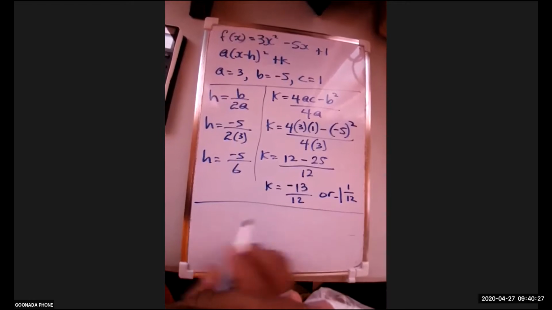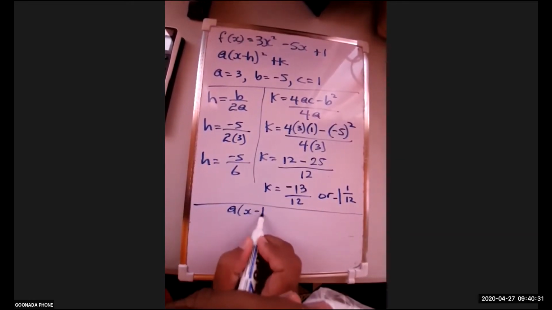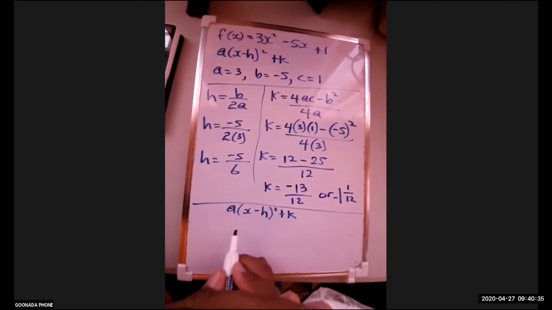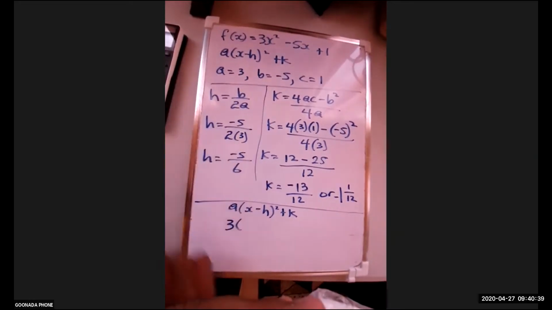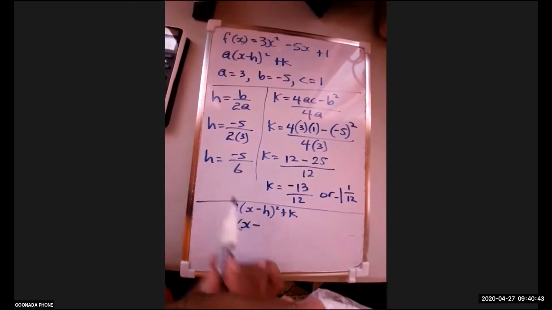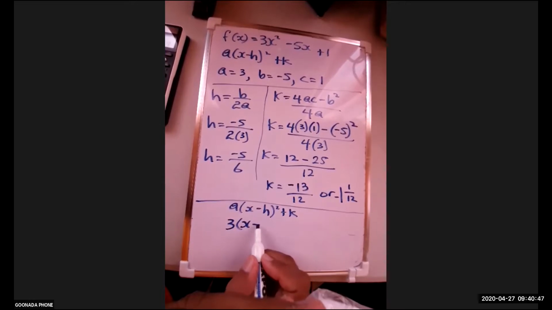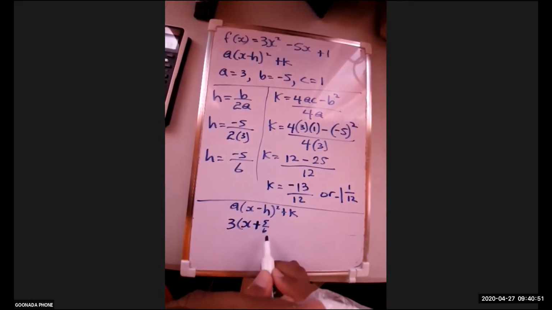Now we have to write it in the form a into x minus h squared plus k. So a is 3, as you can see here, into x minus h, which in this case is -5/6. So a negative and negative will make this positive 5/6.